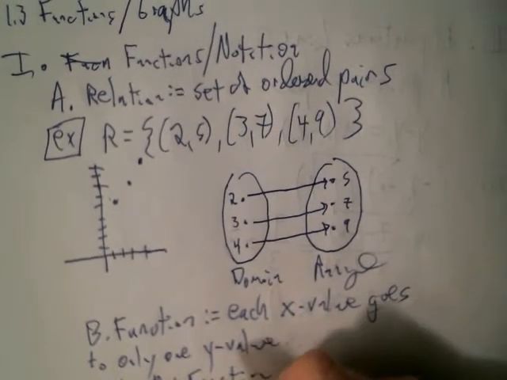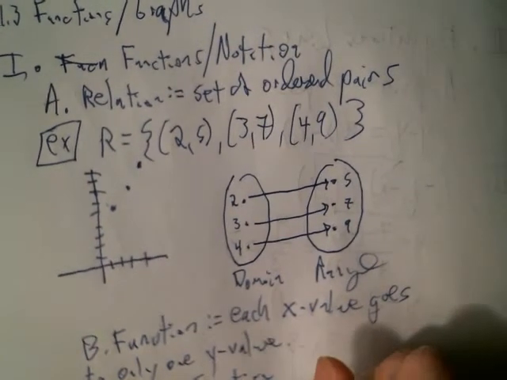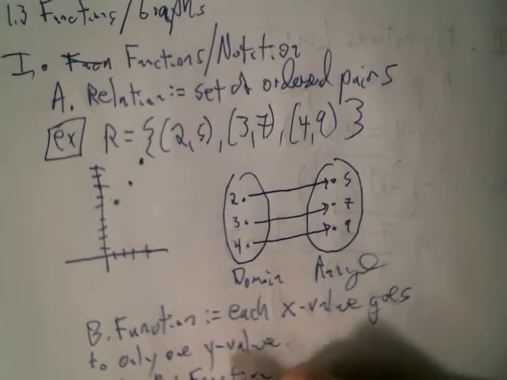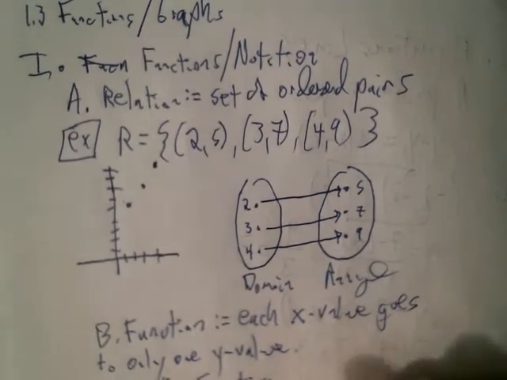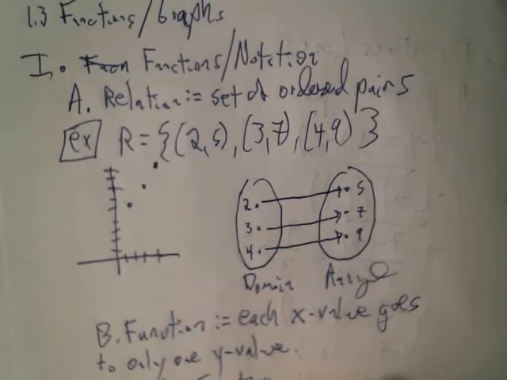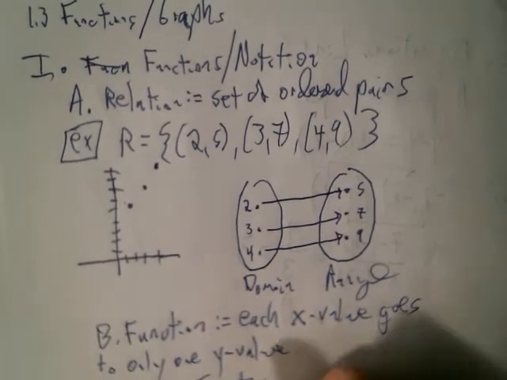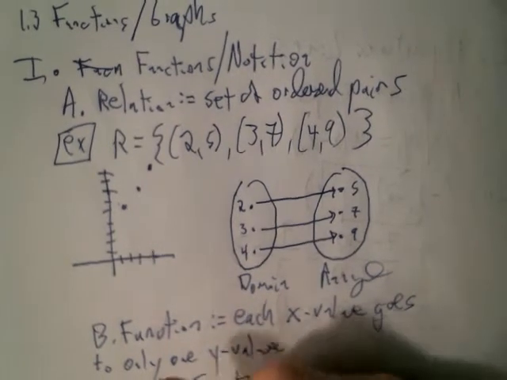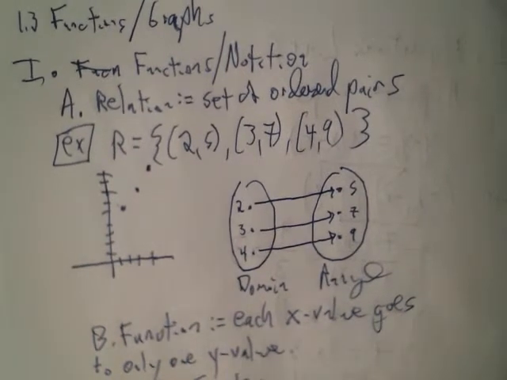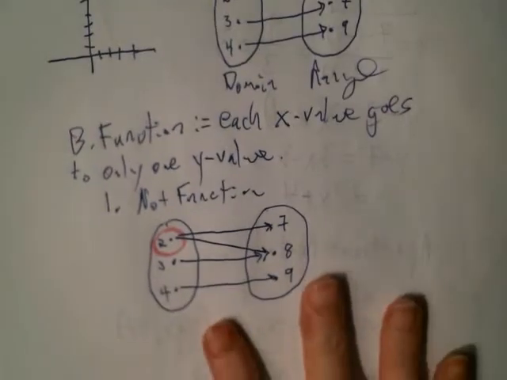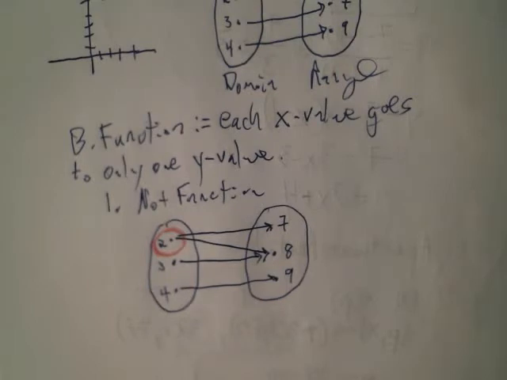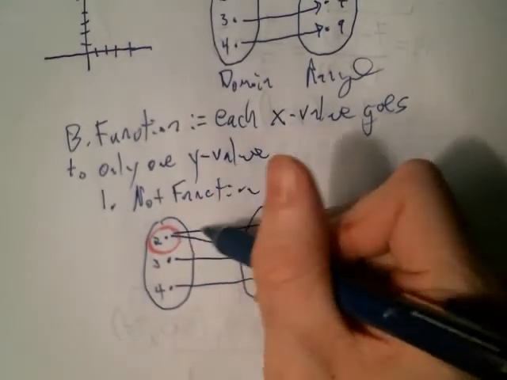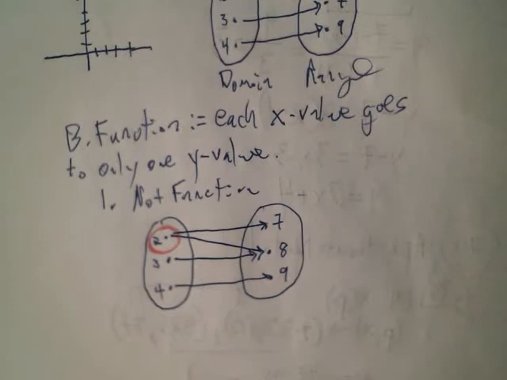And for something not to be a function means that we have one x value going to two separate y values. So in this case, the thing that's preventing it from being a function is this x equals 2 point here. It's going to two different places. Whoops, went off the page there, sorry. Okay, so this is not a function because of this number 2. It's going to two places. It's going to 7, and that's going to 8.